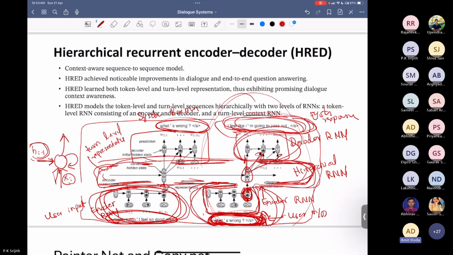I believe this system response from the first decoder instance is fed back into the system, right? I forgot about it. You can just think of this architecture as considering some user input and generating some system response, and then for the next user input, generating the system response.